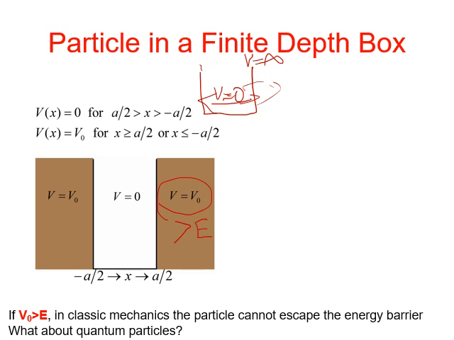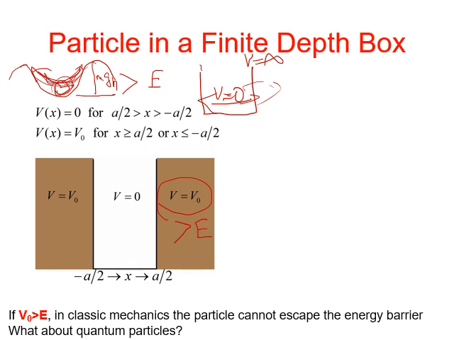Okay, imagine in a classical system, let's say you have a ball moving around between 2 hills. So if the potential energy here, mgh, is greater than the energy of the ball, then it can only move here back and forth, back and forth.